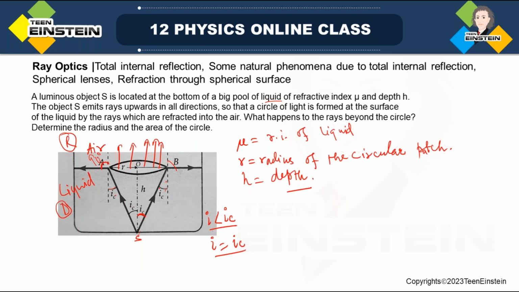Now from here, we know this formula, right? Mu is equal to 1 over sine IC from Snell's law. This we know. And further, we can find out from here, this is CR, this is H. So actually we can find out what is sine IC here.